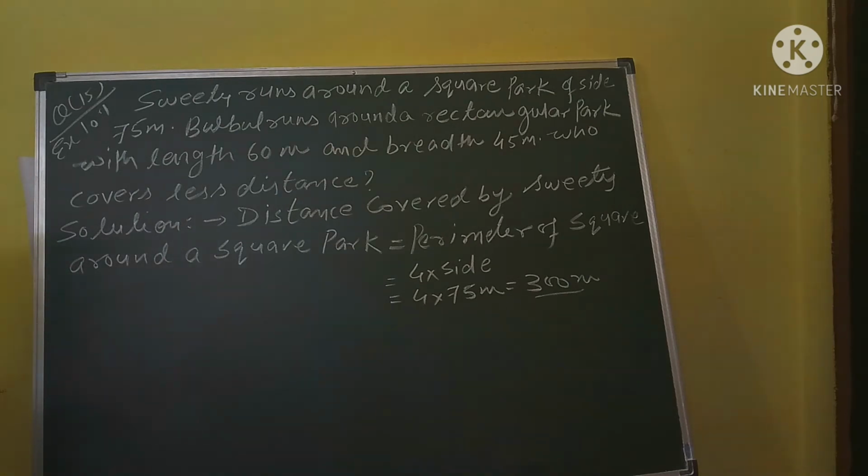Okay, then we will discuss Bulbul, who runs around a rectangular park with length 60 meter and breadth 45 meter. In this question we will find the distance covered by Bulbul.